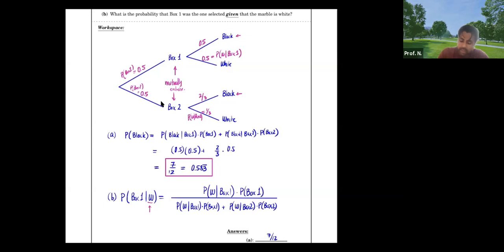You see how this is also written here in the denominator, but in the denominator we're including all the possibilities of getting a white ball, and here we're only dealing with the probability of getting a white ball given that it came from box 1. Does everybody see that?